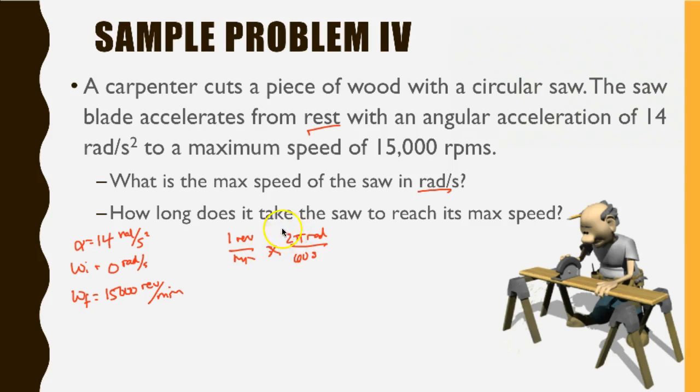So omega f equals 15,000 times this quantity, and that gives me 1,570.8 radians per second. I want to figure out how long it takes to reach its maximum speed. Well, I'm looking for time. I know it starts from 0.